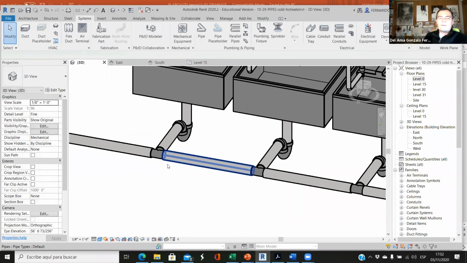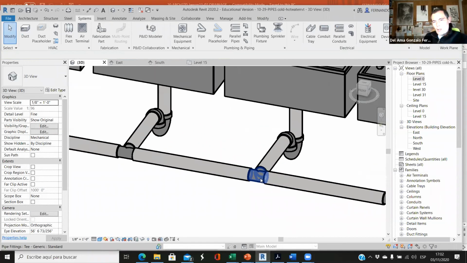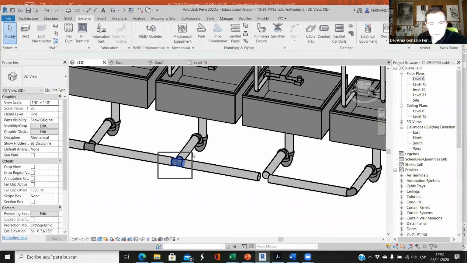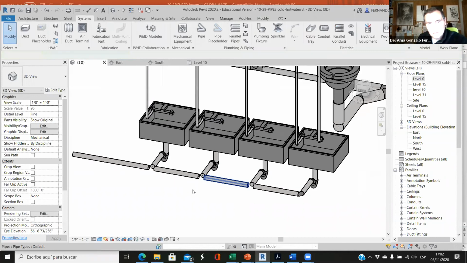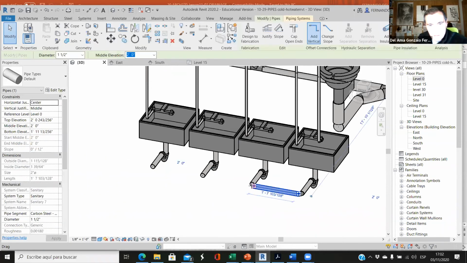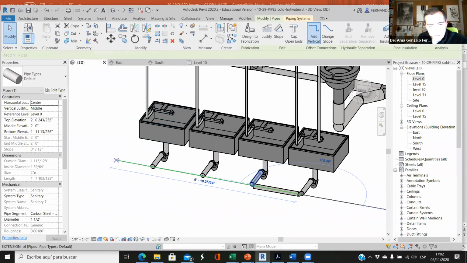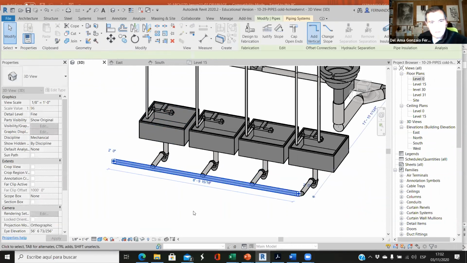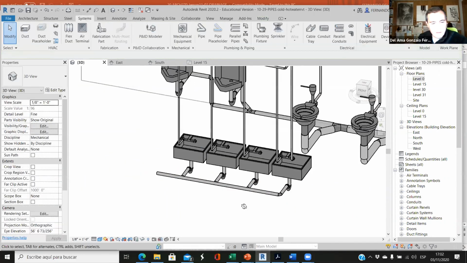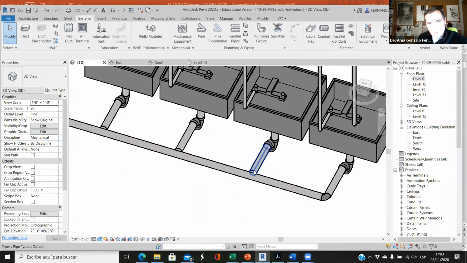Okay, so you see that we have the same issue here. We have the T's, but we don't want T's. And now probably the distance here is too short for the 45-degree.